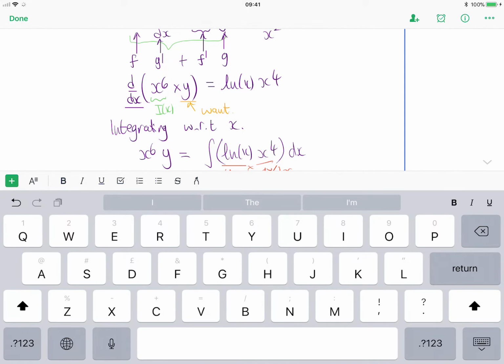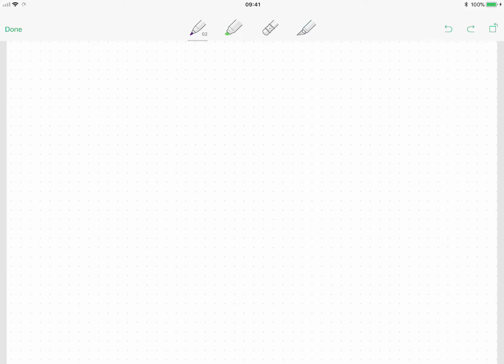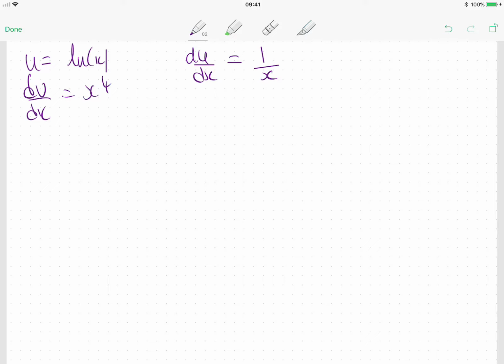Okay, this will all become clear when we get stuck into the formula. So we have our u is log of x and dv/dx is x to the 4. If we differentiate u with respect to x, we get 1 over x. And to find v from dv/dx, we need to integrate. So x to the power 5 over 5. Put this into the parts formula.